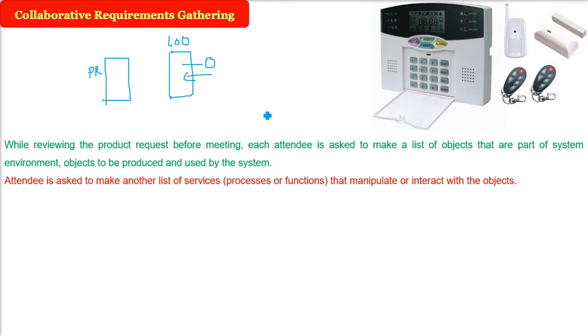Then they will be asked to make another list, consisting of services: the processes and functions. If you are making a list of objects, that will be part of the system environment, and the list of services are those that interact with or manipulate these objects.